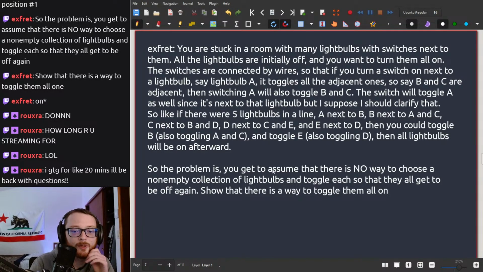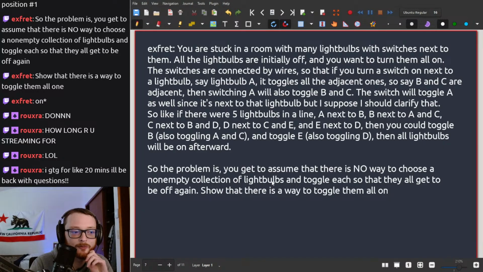Okay, so I get to assume there is no way to choose a non-empty collection of light bulbs and toggle each so they all get to be off again. Sure, there is a way to toggle them all on. If you can turn them all on, you can turn them all off, can't you?